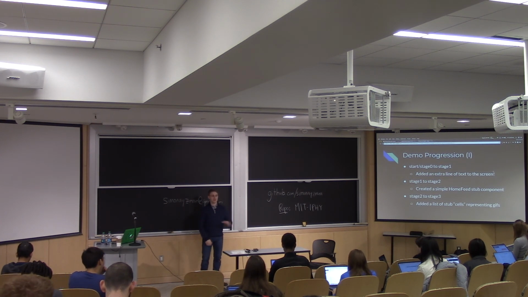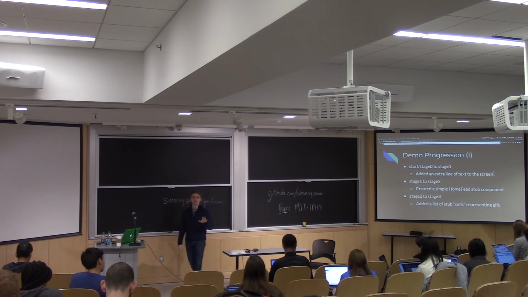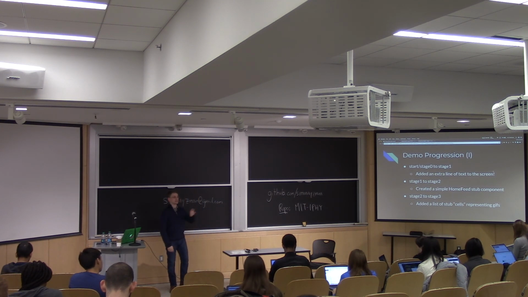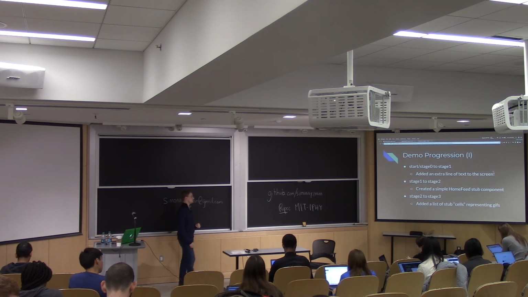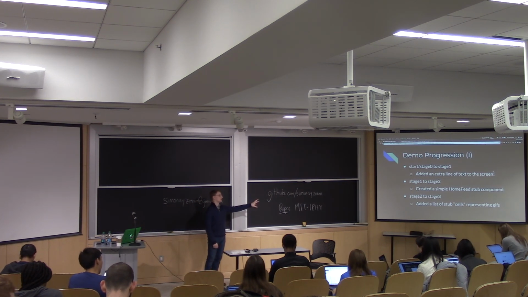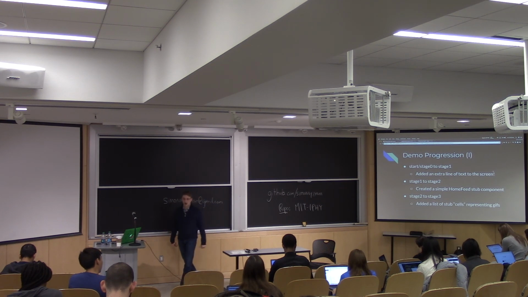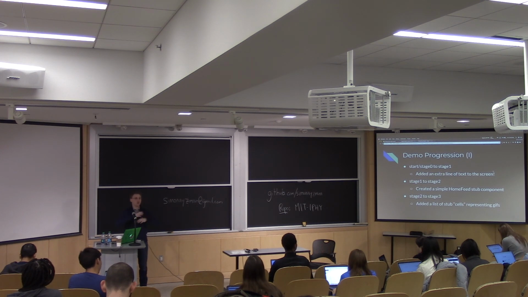It's very simple, and to start, it's going to have literally almost nothing in it. It's just going to be a square on the screen that I want you to be able to see. And then I want this basic ability to just add a bunch of these squares onto the screen. So the home feed will be replaced with a listing of what will ultimately represent GIFs. So let's try that out.